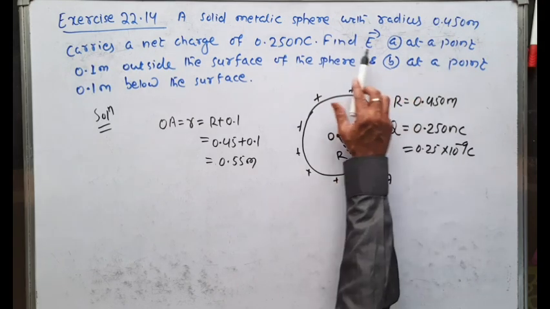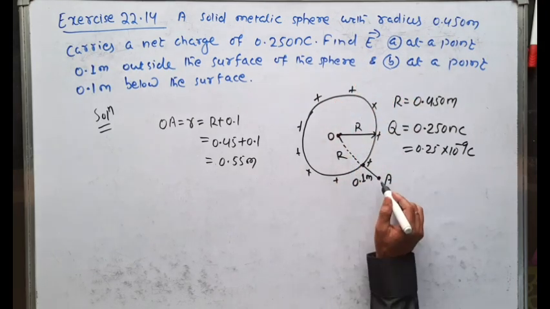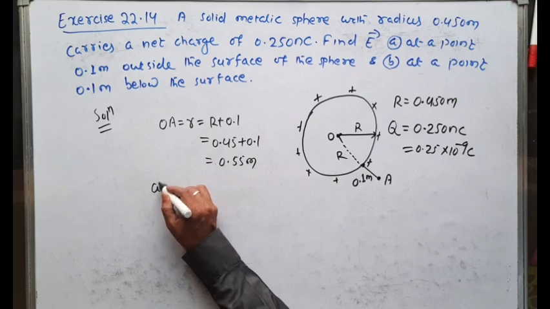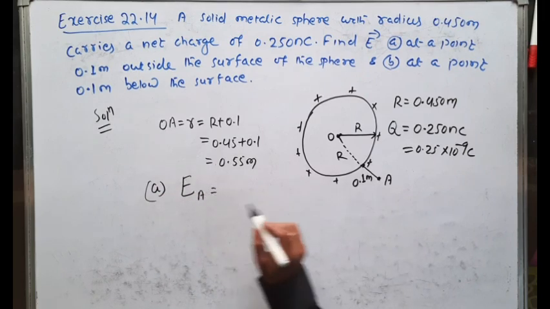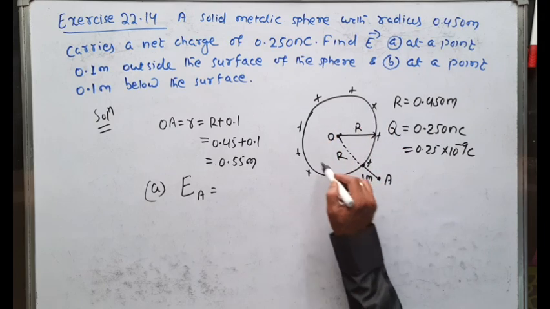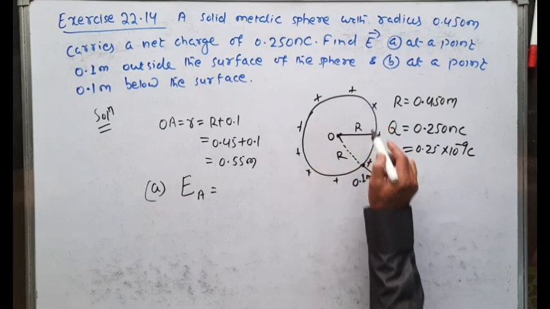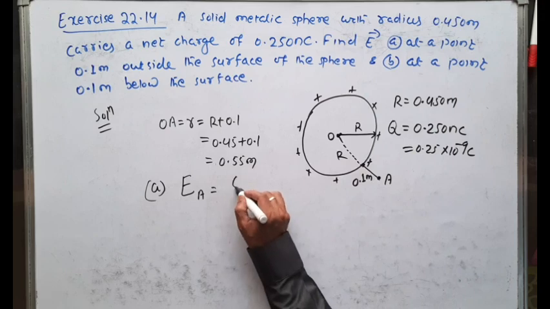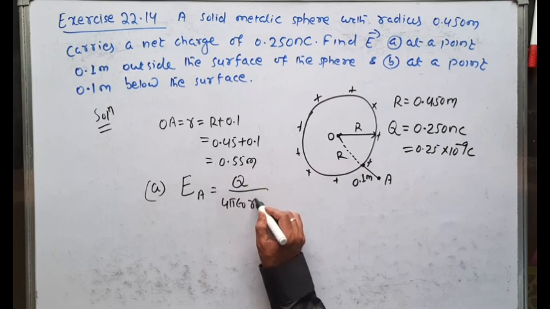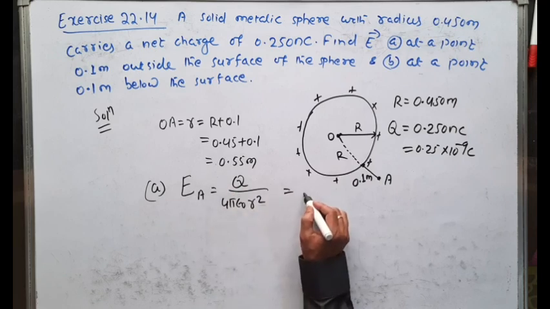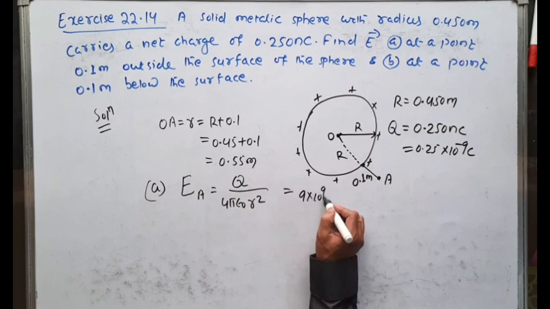What you have to find is the electric field intensity at this point A. We know, just as we discussed, what is the electric field intensity outside a conductor? The formula is Q upon 4 pi epsilon naught distance square. Here 1 by 4 pi epsilon naught is nothing but 9 into 10 to the power 9.